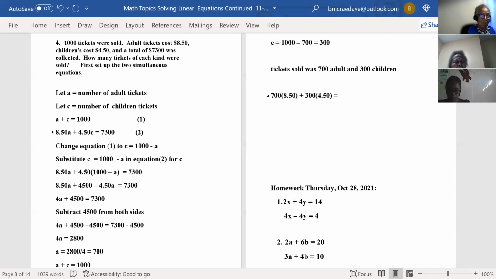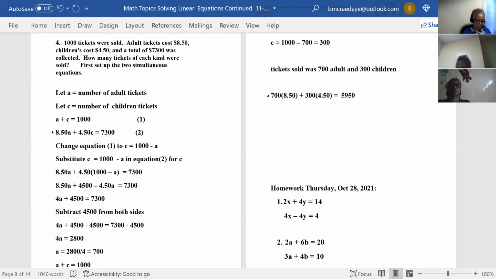That must equal 7,300 for this to be correct. So what's 700 times 850? That's a big multiplication. 700 times 850, I get 5950. All right.